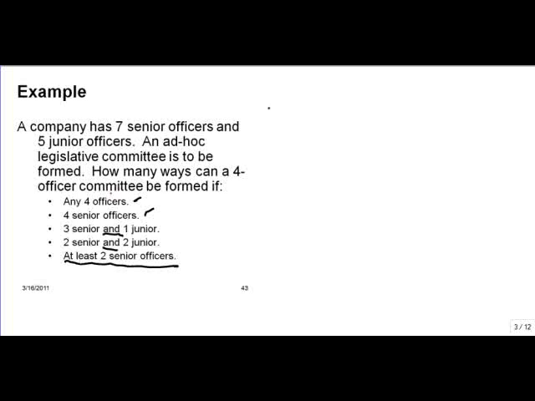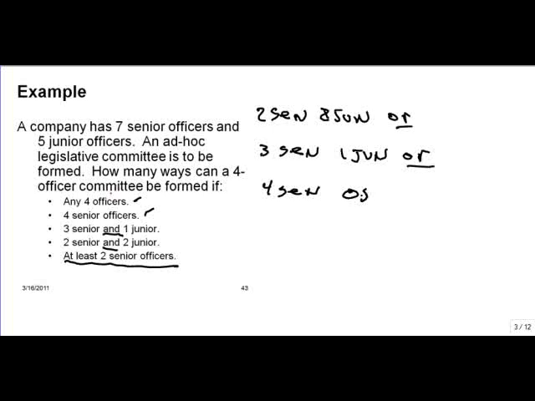Well, that means we can have 2 senior, 2 juniors, or we can have 3 senior, 1 junior, or 4 senior, 0 juniors.